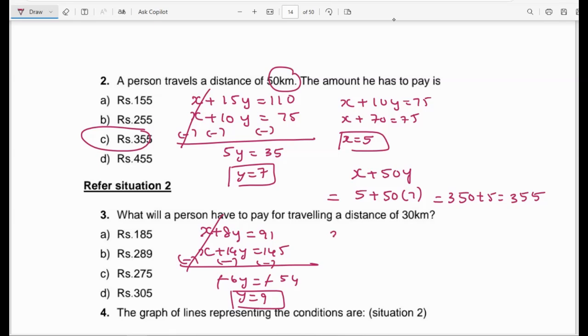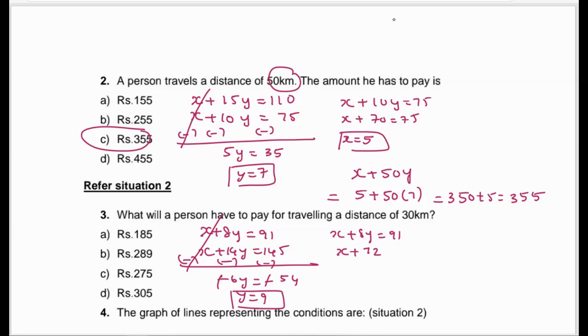So x plus 8y is 91. So x plus 8 into 9, 8 nines are 72, equals 91. x will be 91 minus 72. So x value is 19.